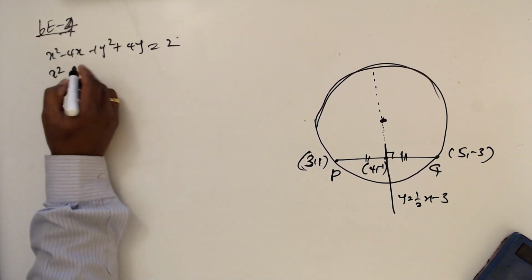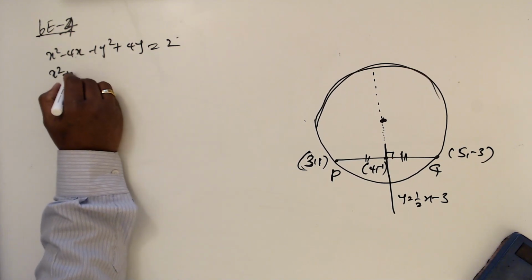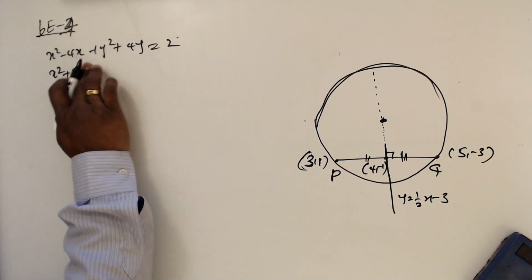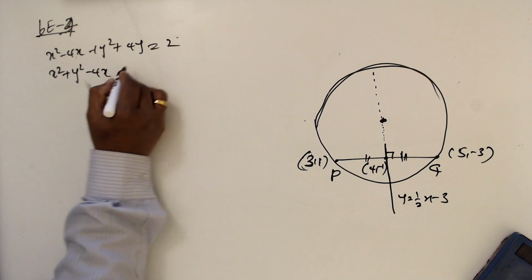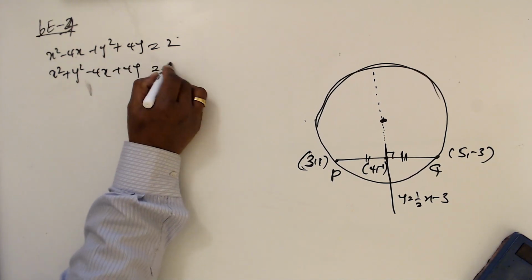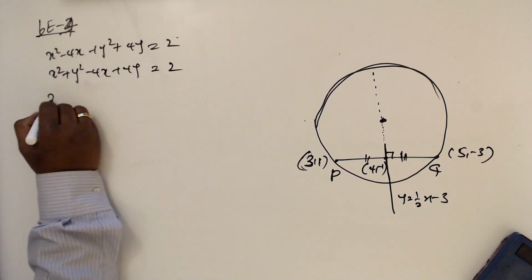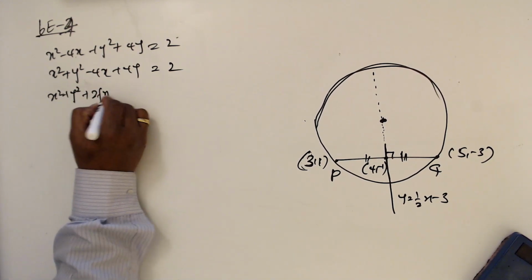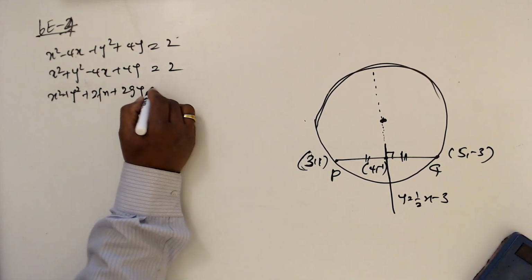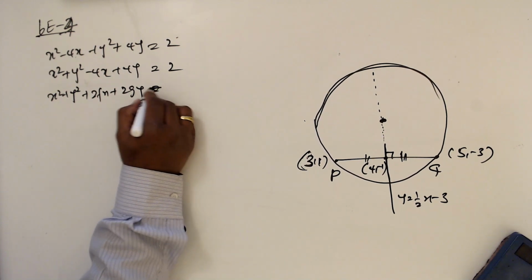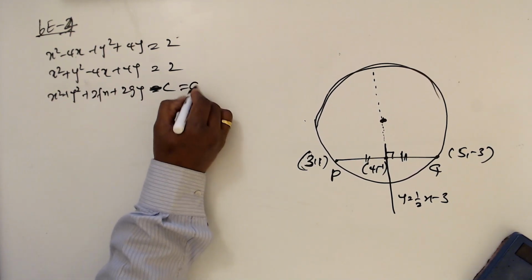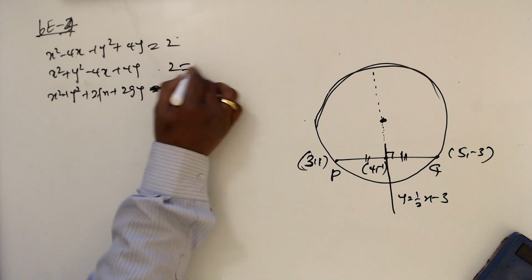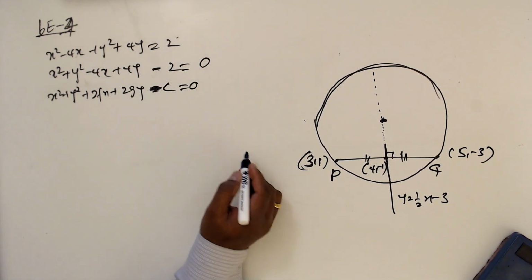I will rearrange this one: x² + y² - 4x + 4y - 2 = 0. Now this is x² + y² + 2fx + 2gy + c = 0.